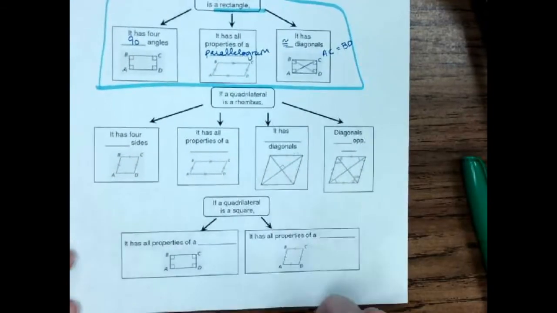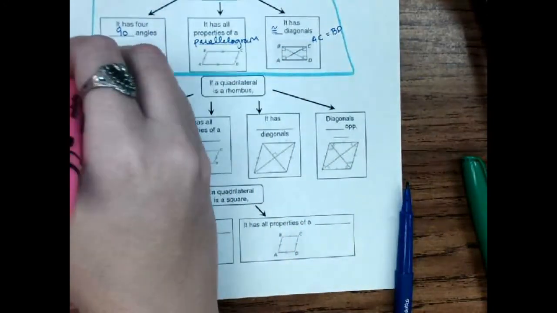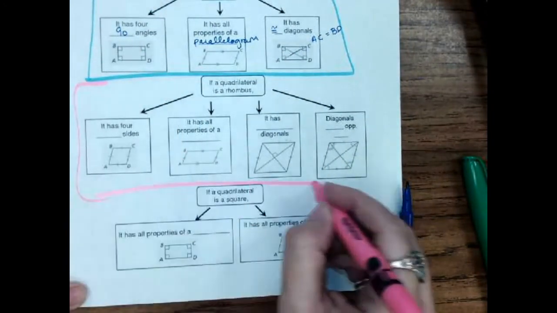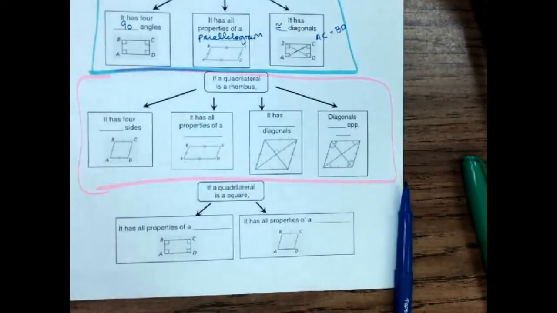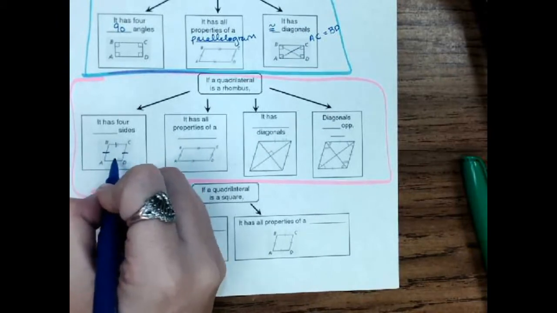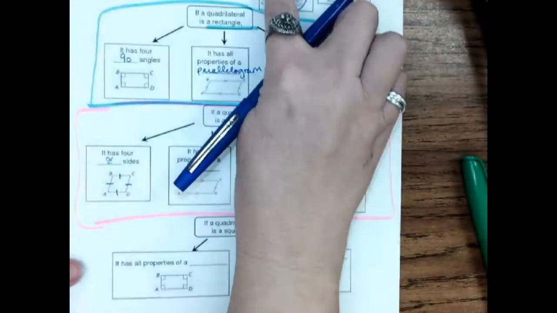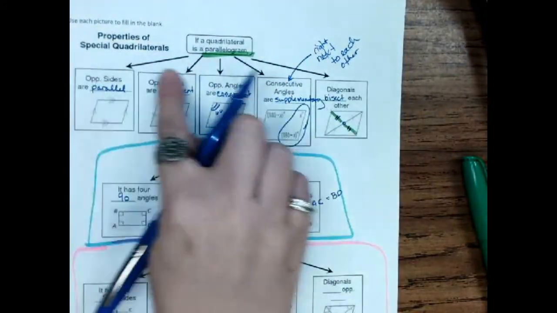Okay, now we're going to talk about rhombuses. So this part is all about rhombuses. It has 4 sides that are equal to each other. It has all the properties of the parallelogram at the top. It has all these properties.